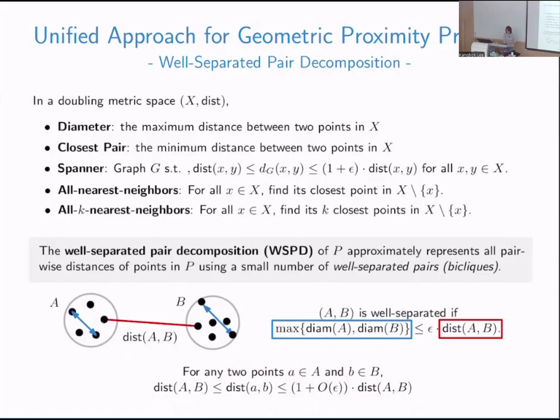So the number of distances here is quadratic. However, we can use this single value to represent their distances. In the case of well-separated pairs, we can use a single value to cover all pairwise distances.